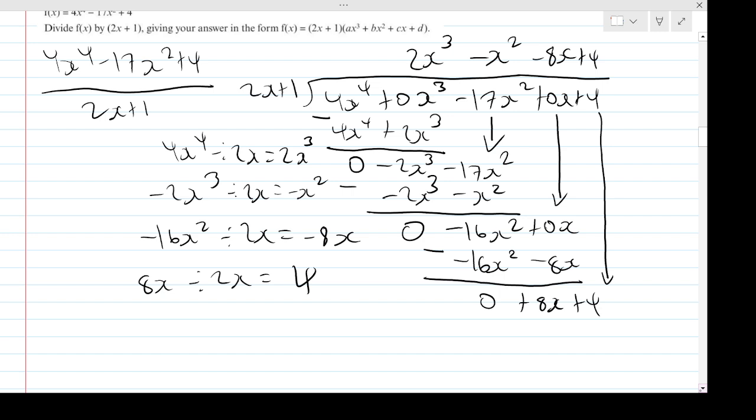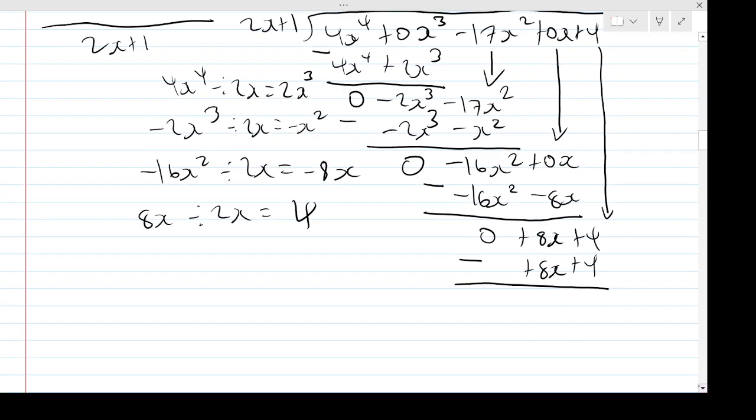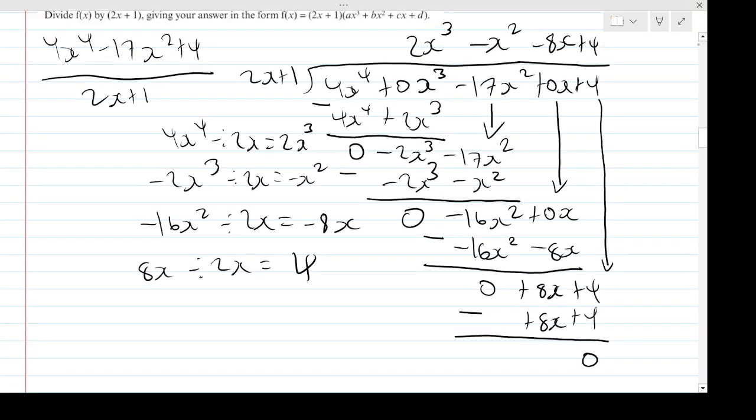So 4 times 2x will be plus 8x. And then 4 times 1 is just plus 4. And then if I take them away, then 8x take away 8x is 0, and 4 take away 4 is 0. So I'm simply left with just 0 at the end there. And there we are. So there's nothing more to bring down, so we're done.